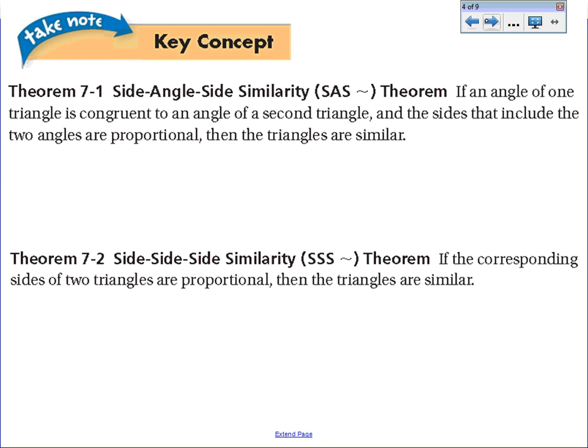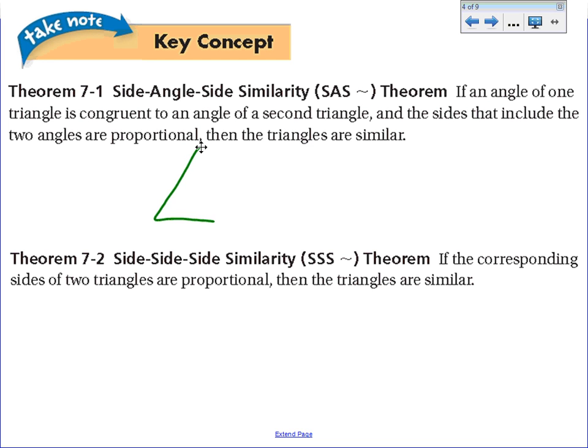So we have this theorem 7.1. And you kind of notice there's a general theme about these, that they correspond to the congruencies that we had in triangles. Theorem 7.1 says side-angle-side similarity. We've seen side-angle-side when it comes to being congruent. If an angle of one triangle is congruent to an angle of a second triangle, and the sides that include the two angles are proportionate, then the triangles are similar.